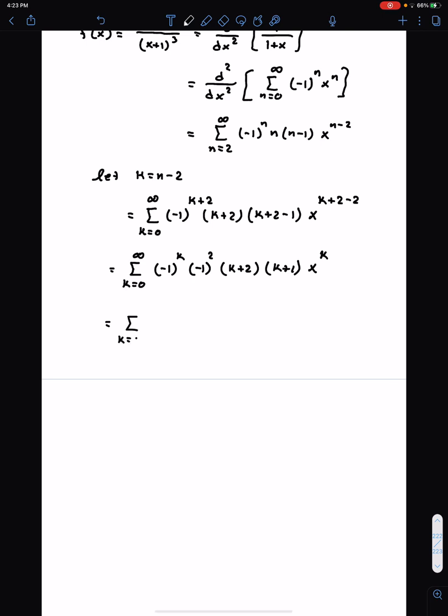Which simplifies to be the sum as k goes from 0 to infinity, negative 1 to the k, k plus 2, k plus 1, times x to the k.